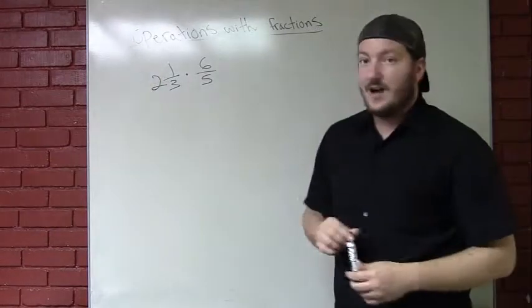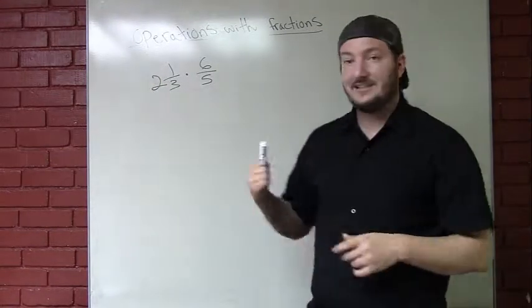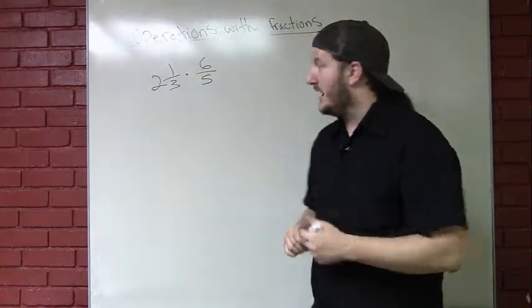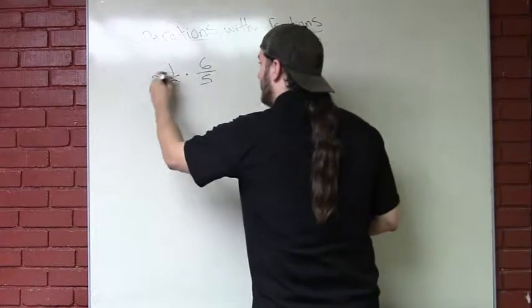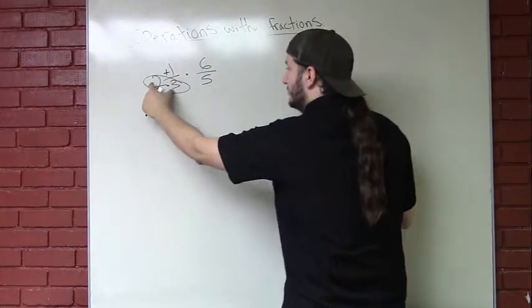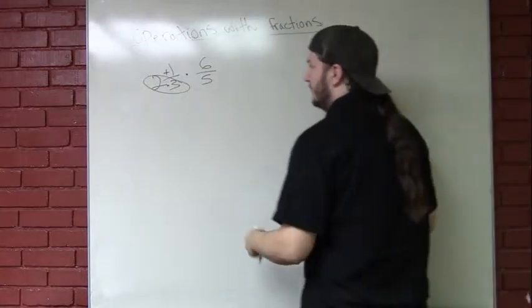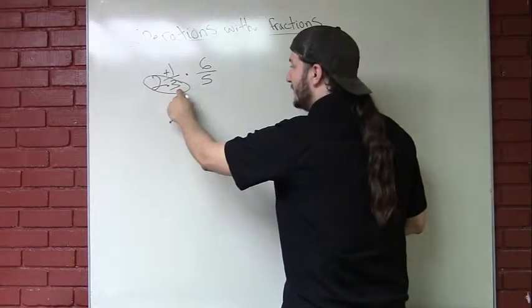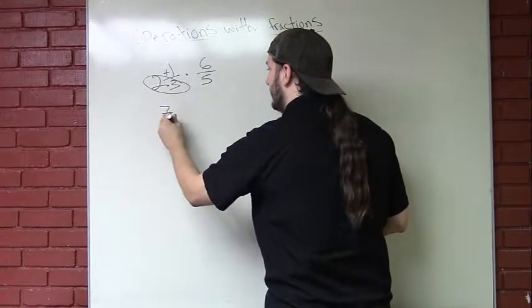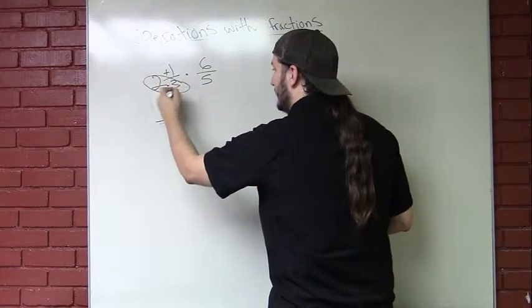So the first thing you got to do is you have to change this mixed number into an improper fraction before you multiply. So do you remember how we do that? We multiply those numbers and then we add it to the top, okay? So 2 times 3 is 6, 6 plus 1 is 7, and you always just keep the bottom here.